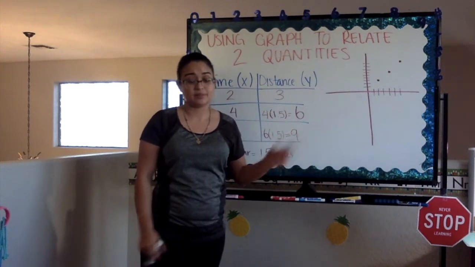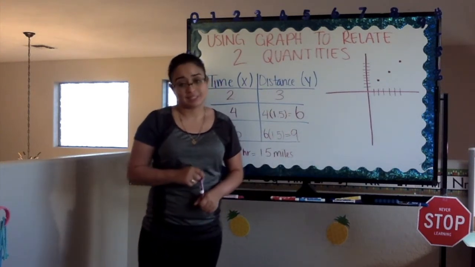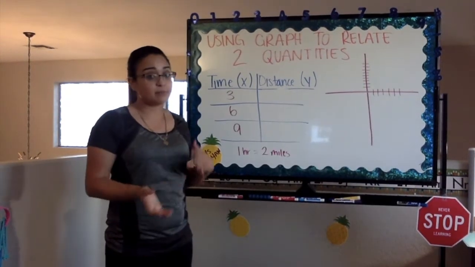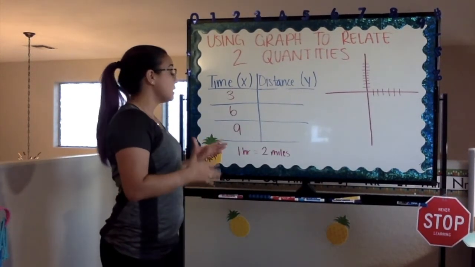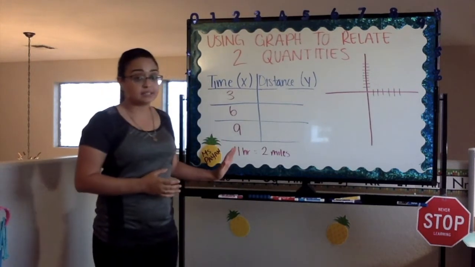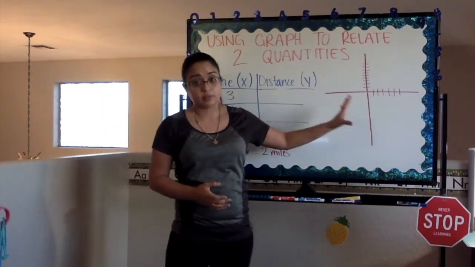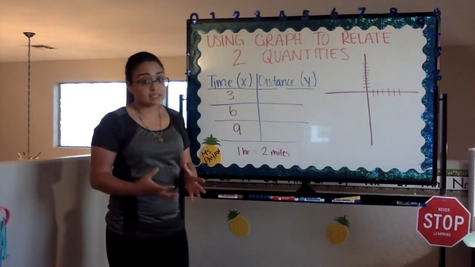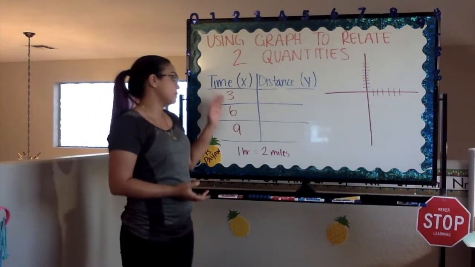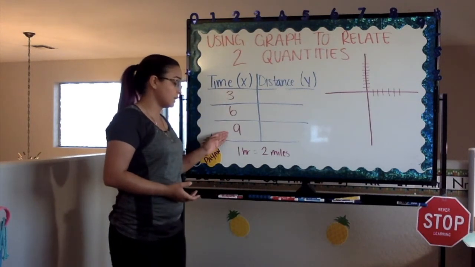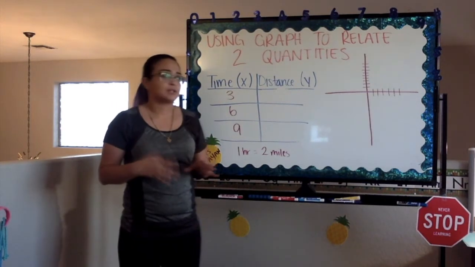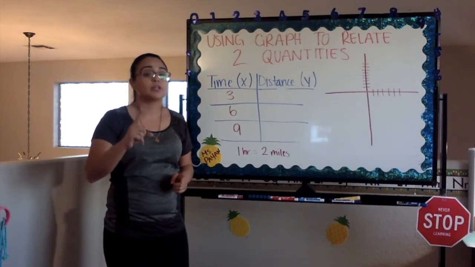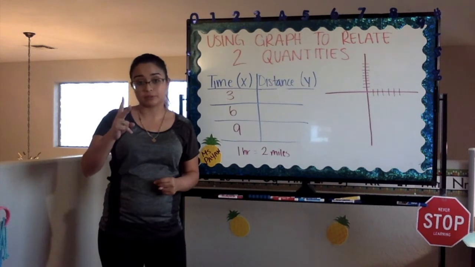Okay? Now, let me give you your assignment for this concept. For your assignment for this concept review, I want you to fill in this table and graph what you have on the table. Now, in this case scenario, you're traveling for 3, 6, and 9 hours, and for every 1 hour, you travel 2 miles.